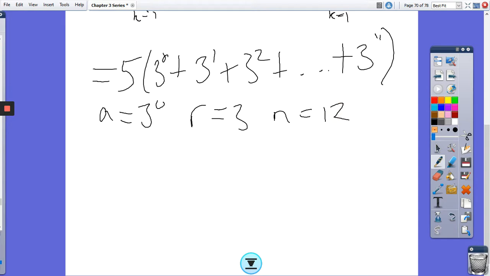Now, using our knowledge of geometric series that we've done previously, we can add up what's in the bracket, the sum of the first n terms.